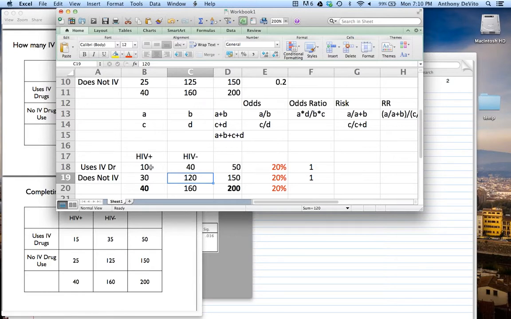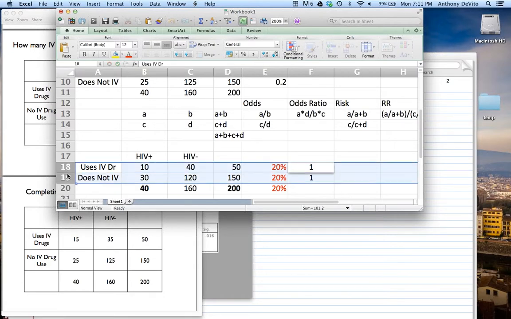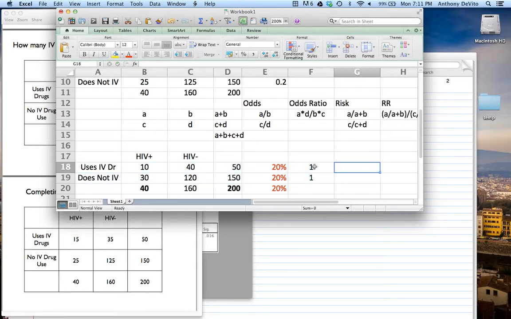Because sometimes I may get 9 and 41, sometimes I may get 32 and 118, sometimes I may get 27 and 123, and so on and so forth. The odds are going to be not in favor of me getting this exact outcome. So that means that even if there is no association, I'm not likely to get a result of exactly 1 for the odds ratio and exactly 1 for the relative risk.